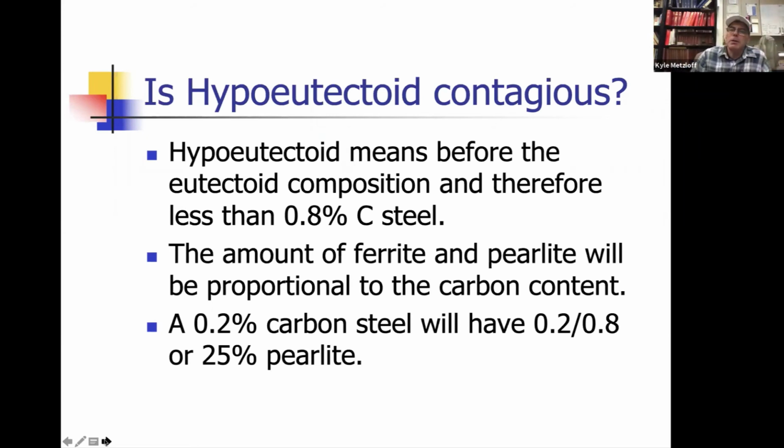The reason is it used up all of its carbon to make perlite at 0.8% average composition, and then it didn't have anything left over. So hypoeutectoid means below 0.8, which means we're going to have less than 100% perlite, because 0.8 carbon forms 100% of the structure, that composite called perlite.